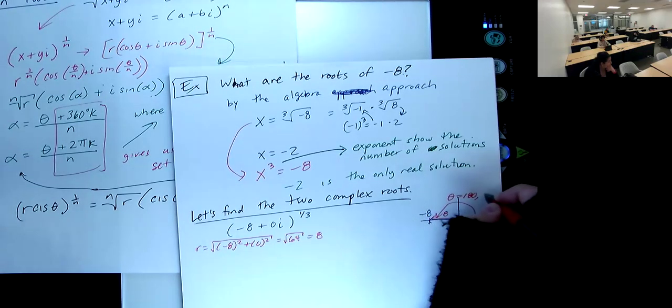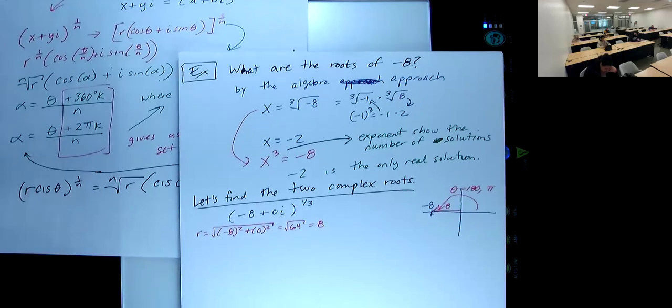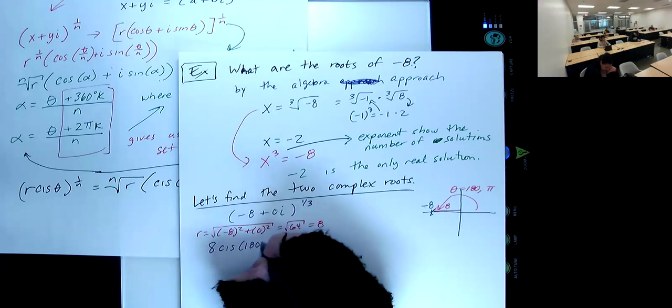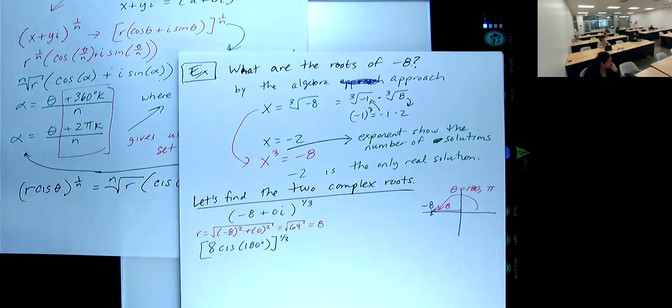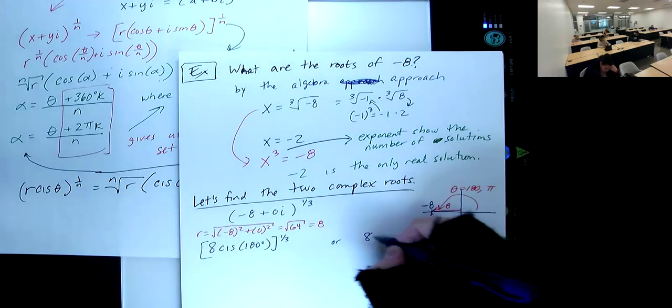We'll also look at the pi version, do it both ways. So this is 8 cis 180 to the 1/3 power, or 8 cis pi.